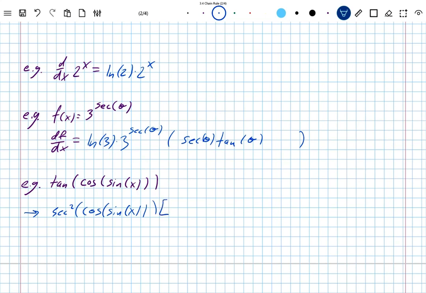So I'm going to take the derivative of cosine, which is negative sine. Notice those parentheses are now really important because otherwise it would look like a subtraction. Negative sine of x. Great. Moving on to the next part. The derivative of sine is just cosine.